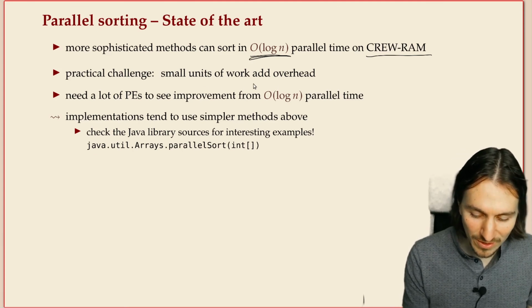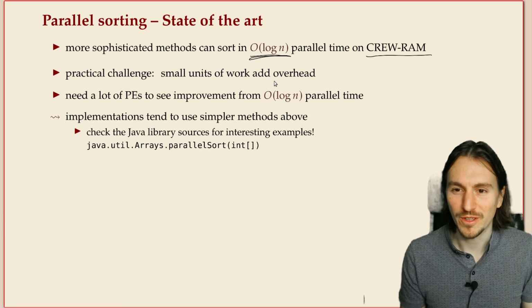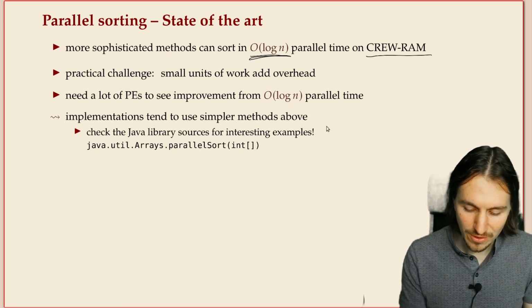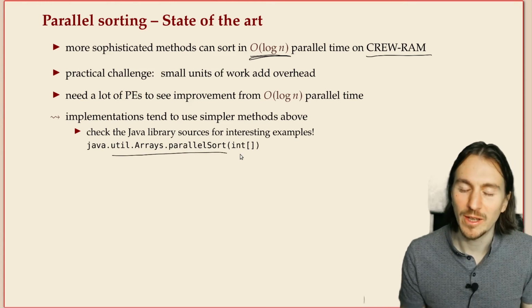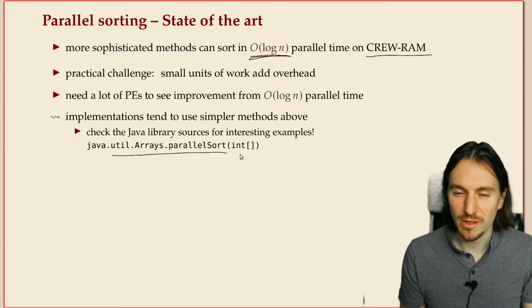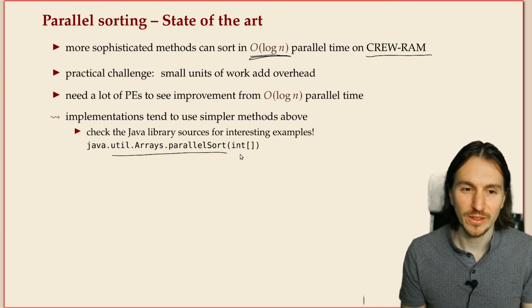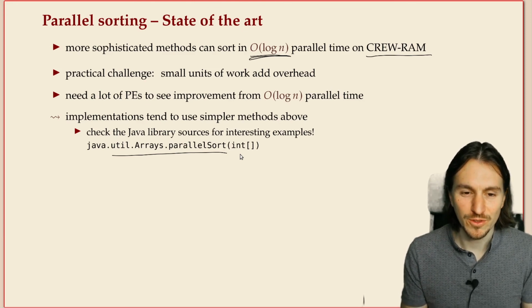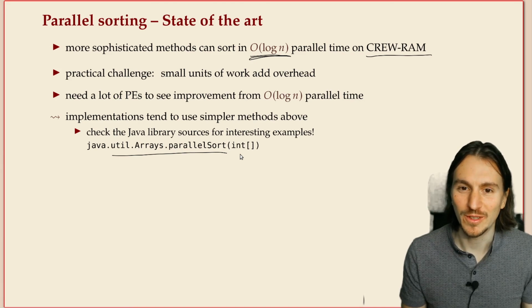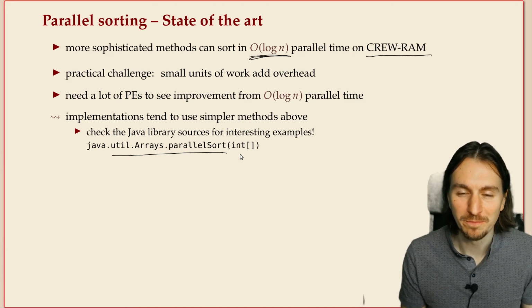So what you really want is not too small units of work, which is also the reason why implementations like the ones in the Java library tend to use methods that are very similar to the parallel quicksort and mergesort that I've shown you, because there you can reduce the granularity of parallelism.